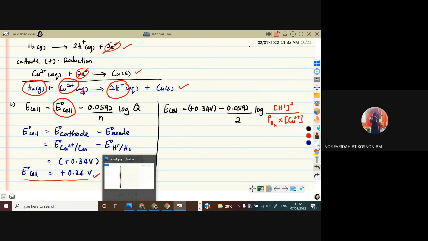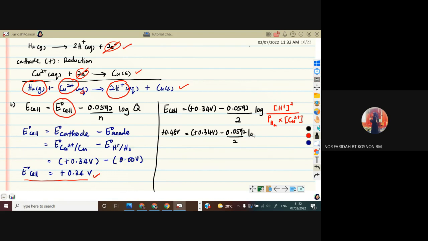Okay. Jadi lepas tu masukkan. Kirakan masukkan nilai-nilainya. Maksudnya sekarang nak kira pH, you kena cari dulu concentration H+. Kenapa? Nanti kita tengok balik lah. So dekat sini the E cell adalah positive 0.48 volt. Okay, this one is positive 0.34 volt. Gantikan betul-betul. So this one is 0.0592 divide by 2 log. Okay, we don't know the concentration of H+.